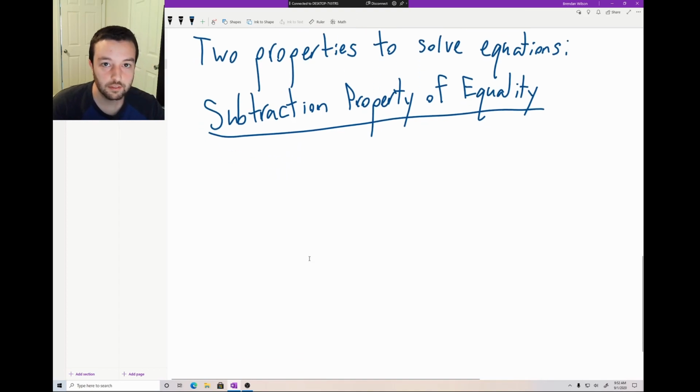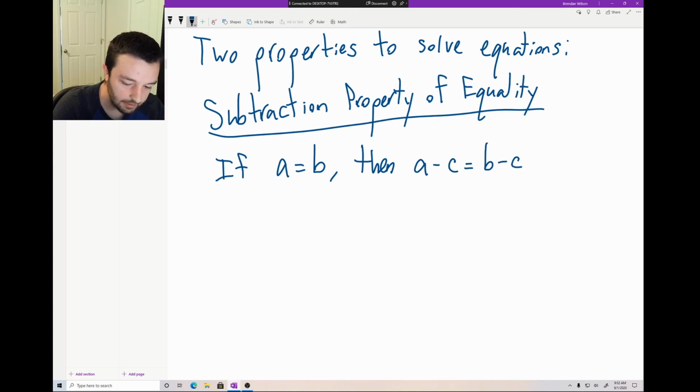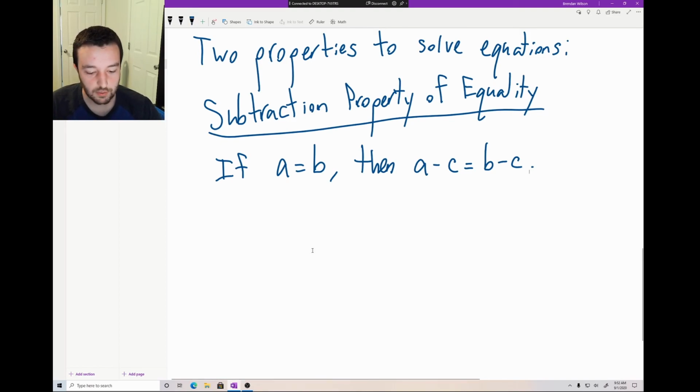So in math, the way we would write this is as an if-then statement. If A equals B, then A minus C equals B minus C. So if A and B are equal, A and B could be numbers, they could be expressions.